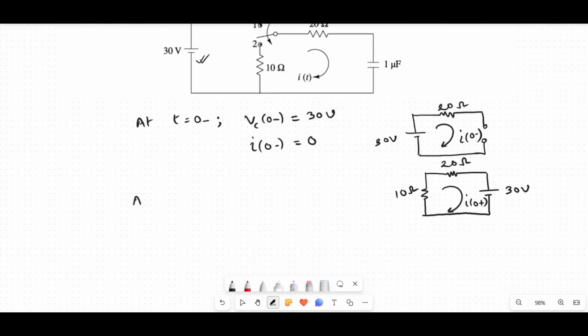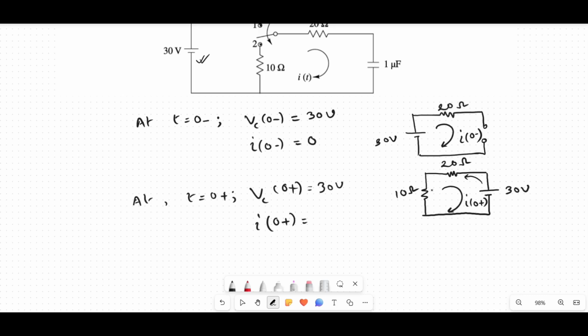At t equals 0 plus, as we know, the capacitor voltage is already at 30 volt, and now it behaves as a voltage source to the circuit. The value of i at 0 plus will be negative, since the direction is opposite to the clockwise direction we have considered.